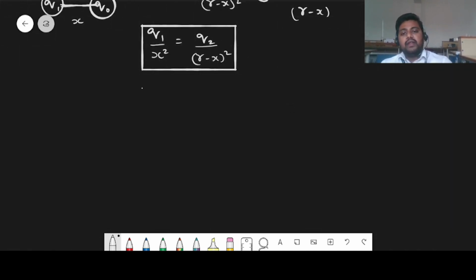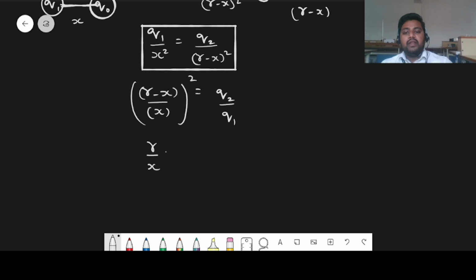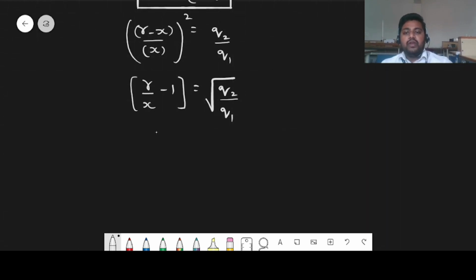Okay, so we can solve it like: R minus X divided by X whole square can be written as Q2 divided by Q1. So R by X minus 1 can be written as root Q2 divided by root Q1, when we are sending that square to this side. So you can write R by X minus 1 is equal to root Q2 divided by root Q1.